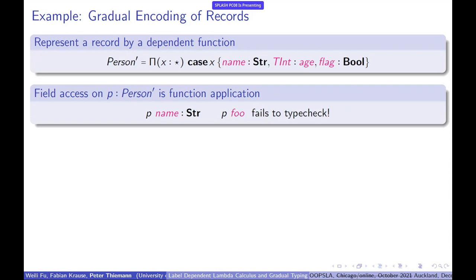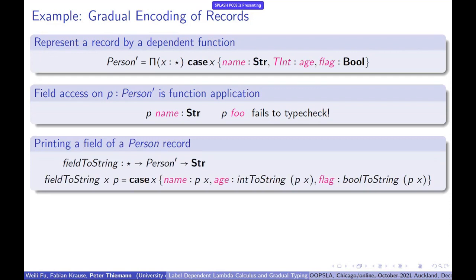This fits in with the ideas of gradual typing, where the type checker is allowed to reject programs that are doomed to fail anyway. And that's such a case. Whereas if you apply such a person to the name label, then you correctly get the name field extracted.